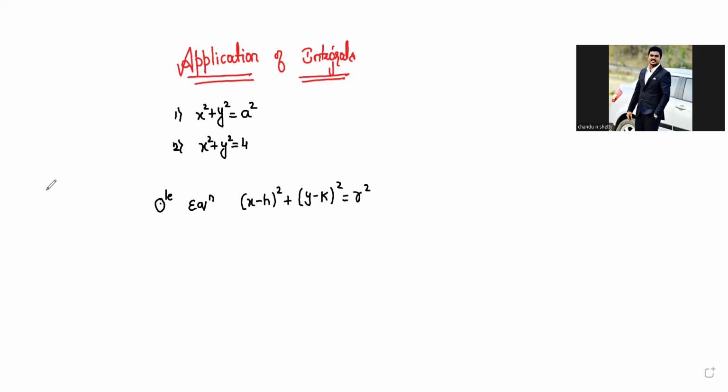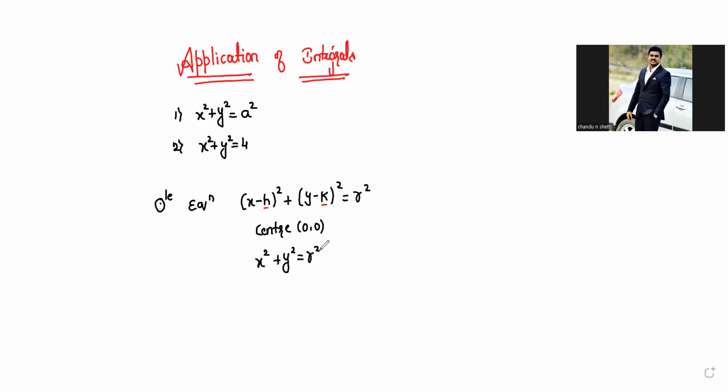All of you should observe in this equation h and k both are the center. If we take the center as 0 comma 0, then in the place of h we take 0 and k is also 0. So the equation will appear now as x square plus y square equal to r square. Okay.